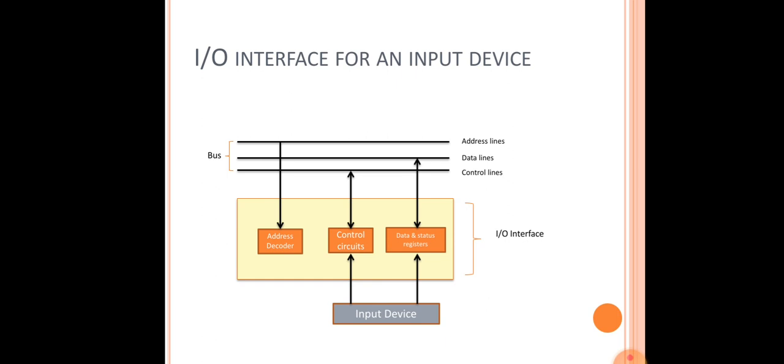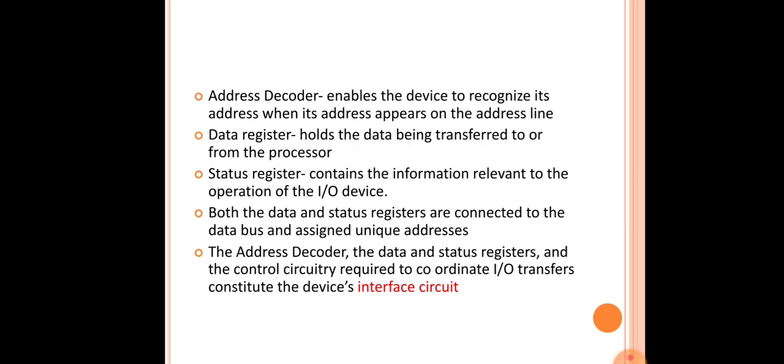The purpose of address decoder is to decode the address placed by the processor onto the address line. Then data register holds the data being transferred to or from the processor. Status register contains the information relevant to the operation of IO device.